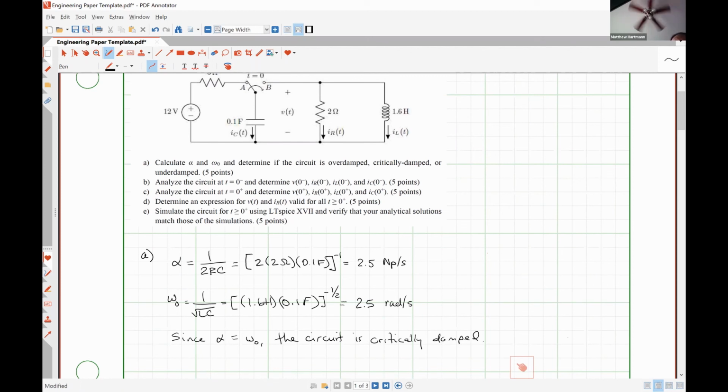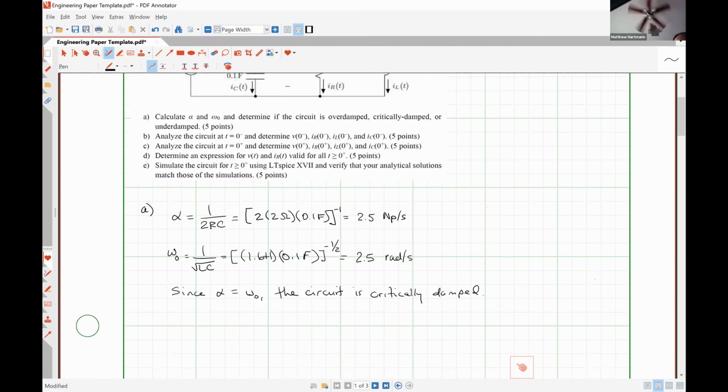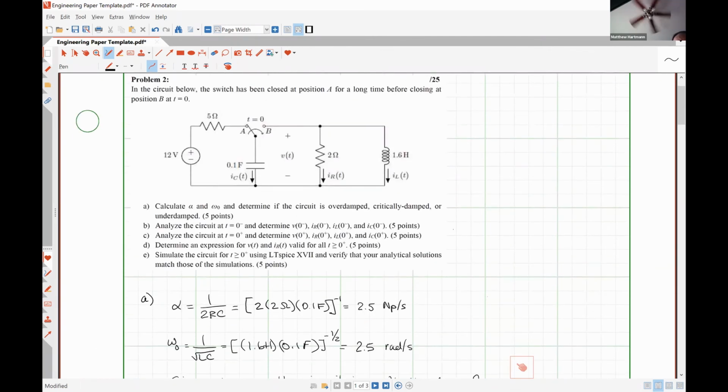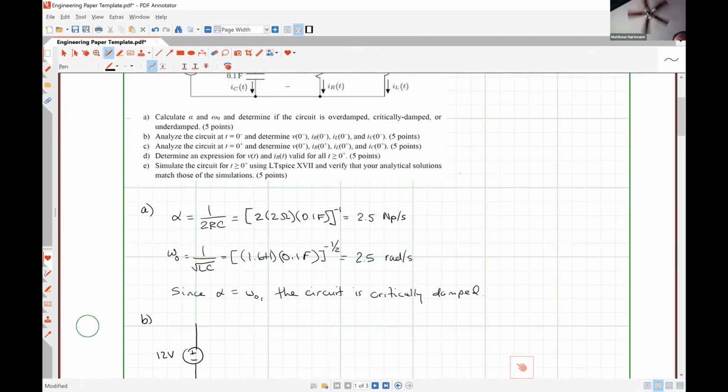So at t is equal to 0-, the circuit's going to look something like this, where we have our 12-volt source, 5-ohm resistor.